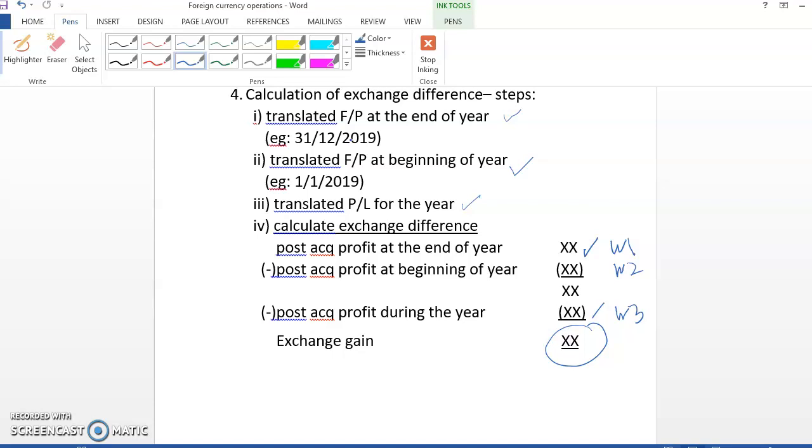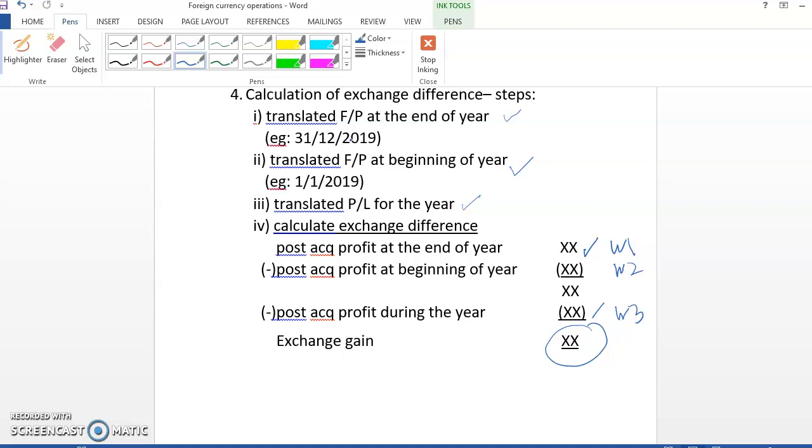For the net investment method, all items use the closing rate, except for your ordinary share and pre-reserve.